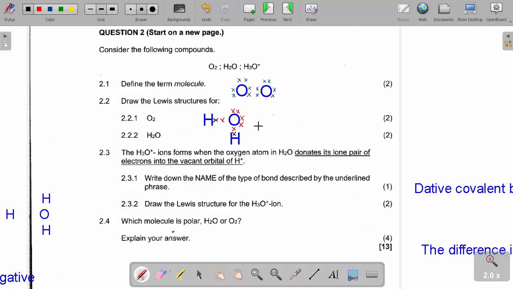So now what we see here is the Lewis diagram for this water. Why? Because oxygen must have a maximum of 8. Let's count them: 1, 2, 3, 4, 5, 6, 7, 8. So it is stable. Then hydrogen can only take up to a maximum of 2. That's why there are only 2 here. Actually, if I wanted to draw the structure for water, I would do something like this.